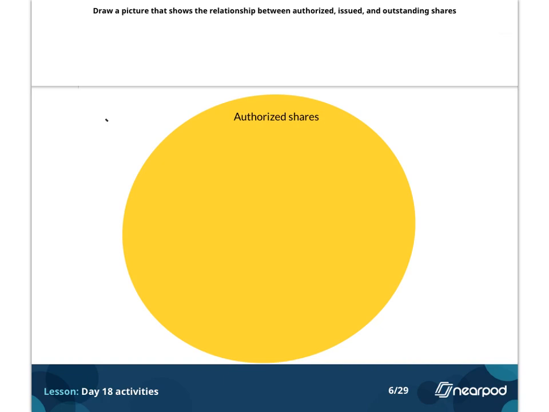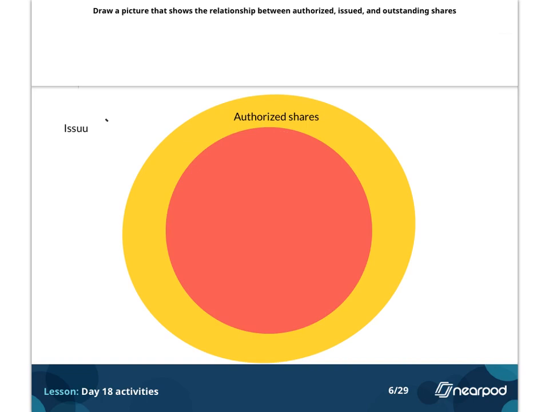All right, and so then this is going to be my issued shares. I want to make that red on the inside. There we go. Now, this is my issued shares. So what happens with the issued shares?